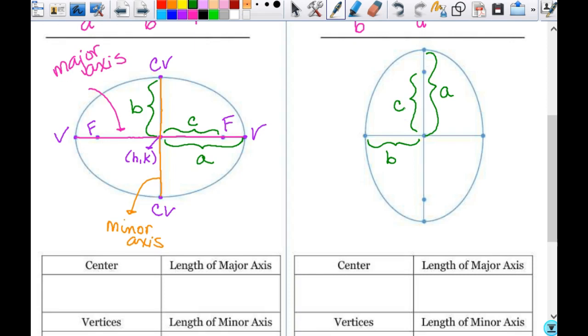So wherever the vertices, the foci, and the center line up, that's going to be your major axis. So now this one here, the vertical one, is your major axis. And this one here is your minor axis.